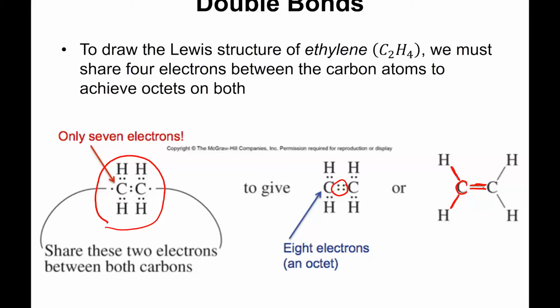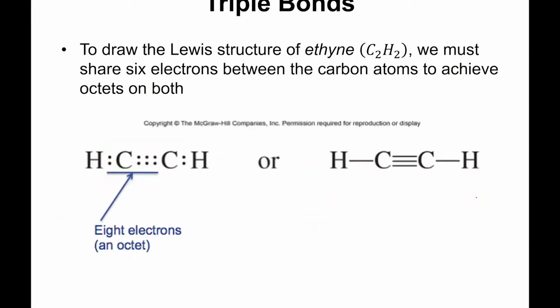So to double check your work, like I said, carbon always wants to make 4 bonds. And so a double bond will count as 2 bonds.